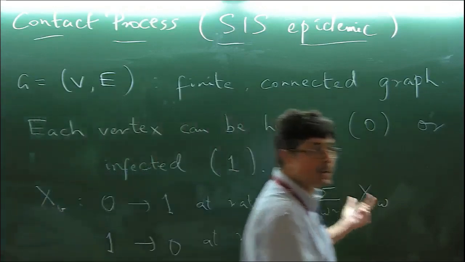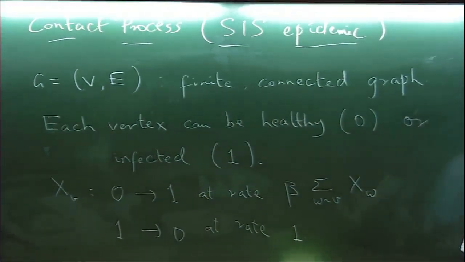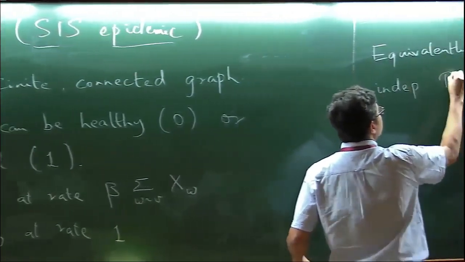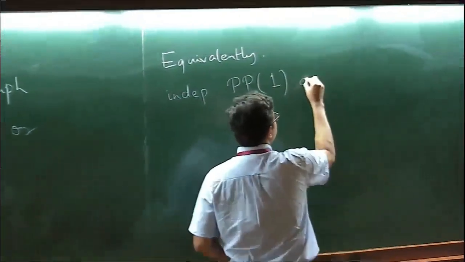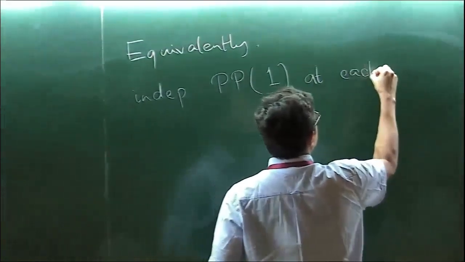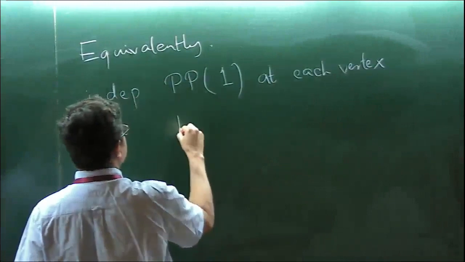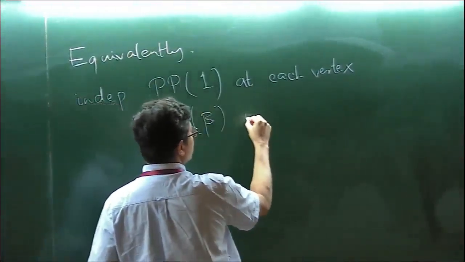Or if you like, you can think of there being independent rate 1 Poisson processes at each vertex and rate beta Poisson processes on each edge.